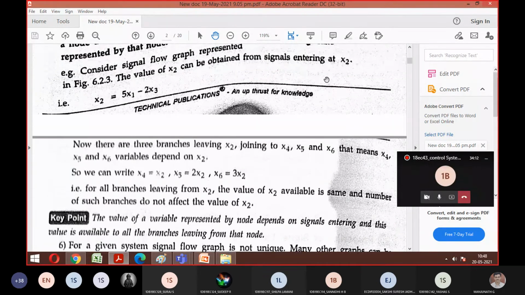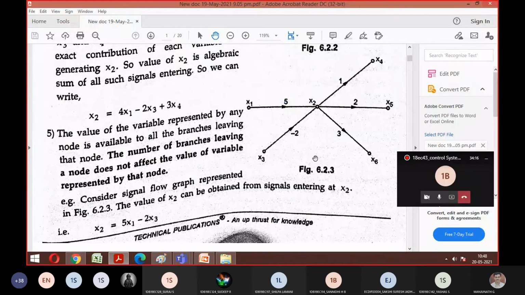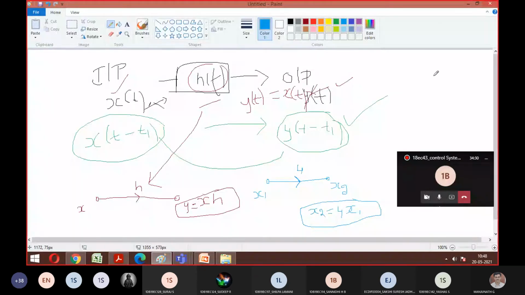If you go to the simple example above, can you represent this in different ways also? The only thing I want is that entering and leaving should be mentioned properly. I can place this x2 wherever I want. Is it fixed? So let me go to Paint. If I choose x2 here, the alignment is left to you.